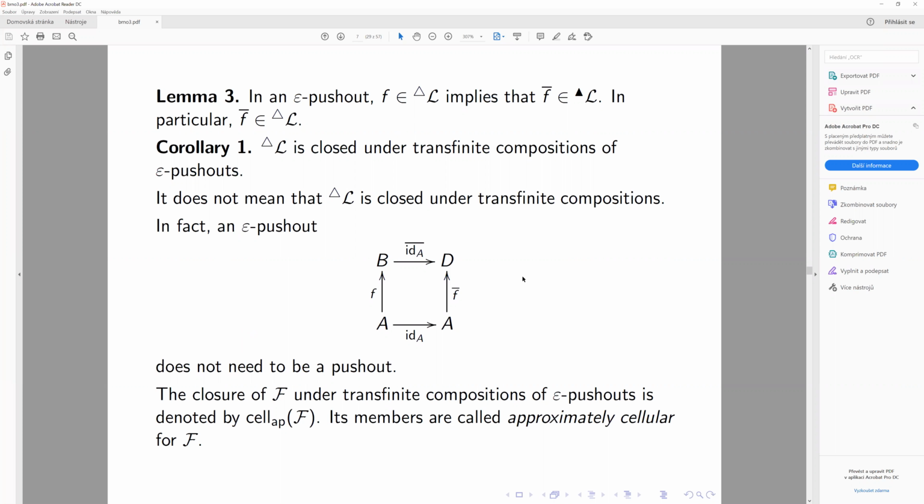The distance of two morphisms is the same as the distance by compositions with this induced morphism. So to be a weighted colimit, it's more than an epsilon push-out.